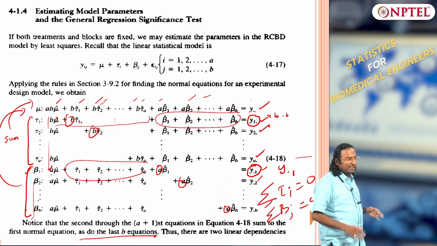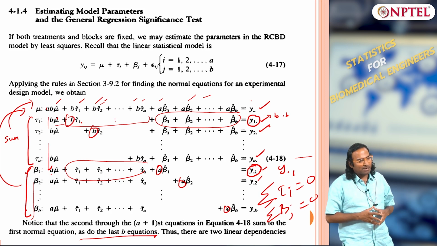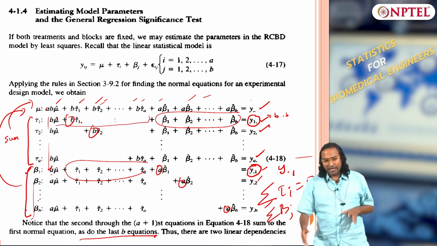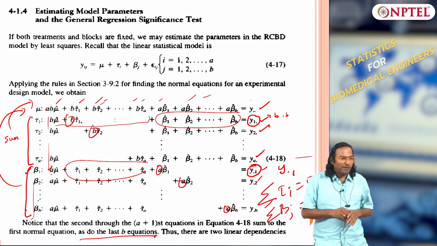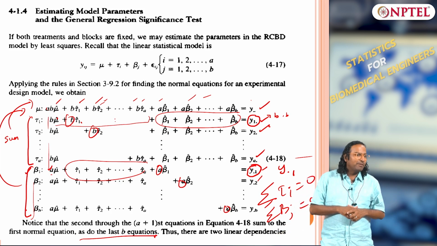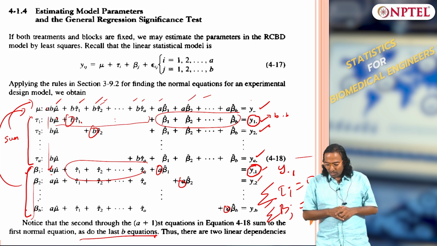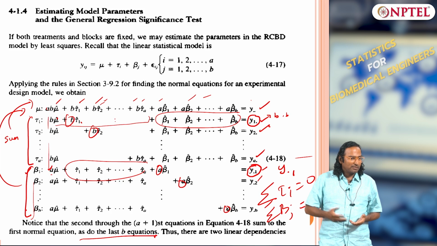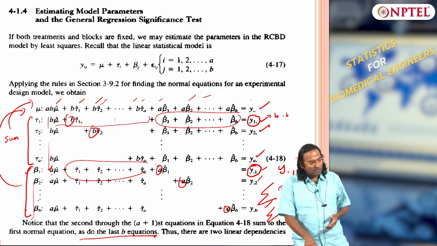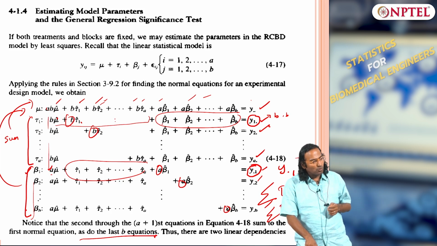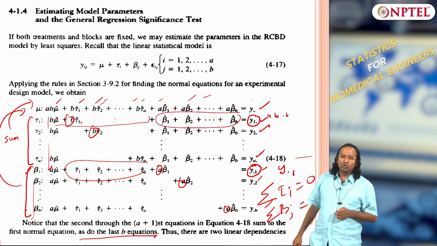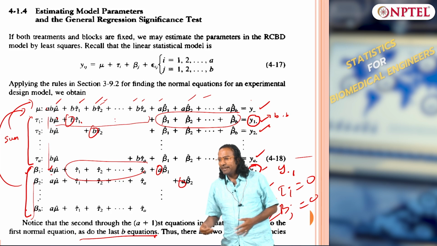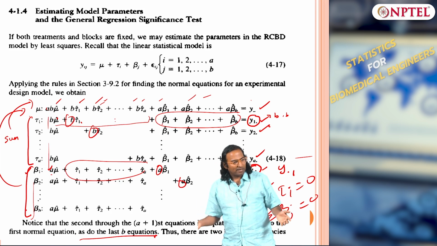Rule number 3, the left hand side of the normal equation is nothing but the summation of all the parameters. So, you write down all the A plus B plus 1 parameters pre-multiplied with the coefficient that is equivalent to the number of times that parameter appears in the right hand side data. If you are writing the equation for mu hat, how many times is mu present? The total number, which is nothing but A times B, or capital N if you want to call it.